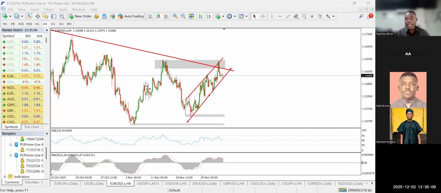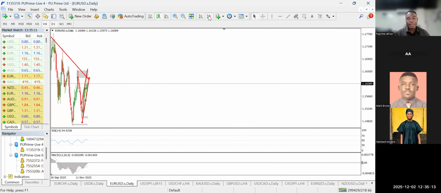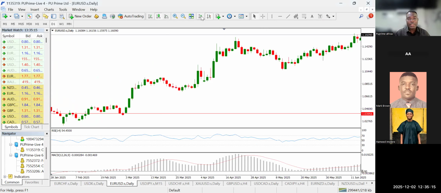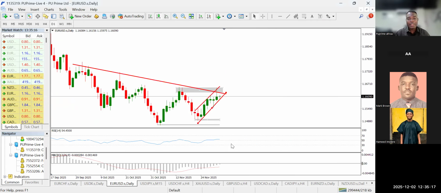And for Euro USD, I have a high probability setup right from the daily time frame. This is the Euro USD on the daily time frame. Price is having an overall bearish trend. Price is making a series of lower highs, and another lower high here.